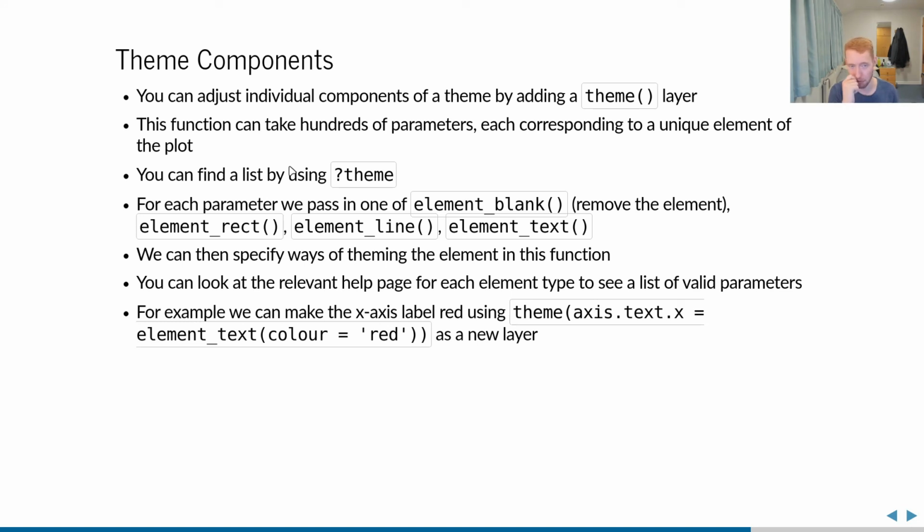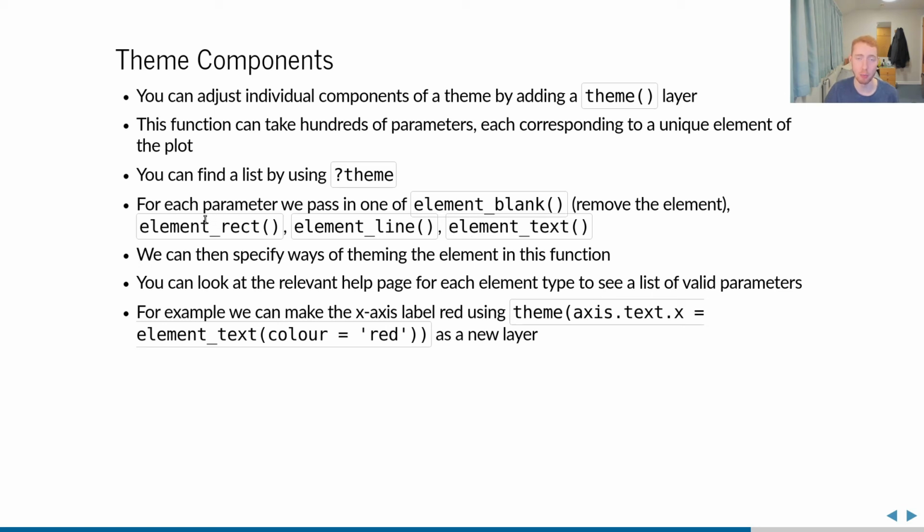There are four main types of elements. element_blank basically just removes it. element_rect is for rectangles or anything blocky. element_line is for lines, and element_text is for text. The one we choose depends on what aspect of our plot we're changing. If we're changing the axis labels, we'd use element_text.